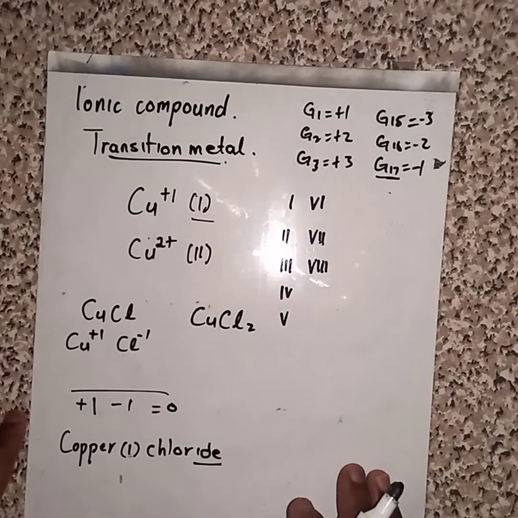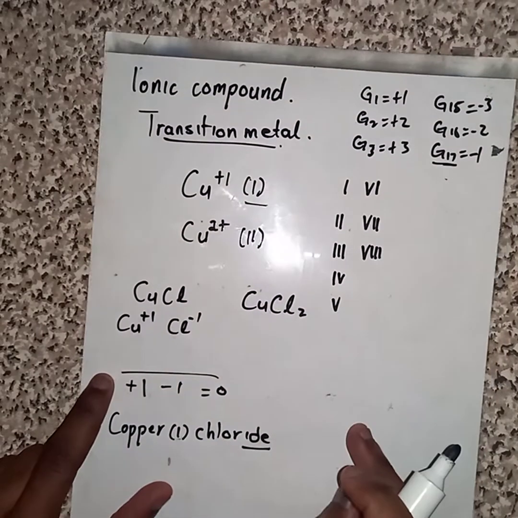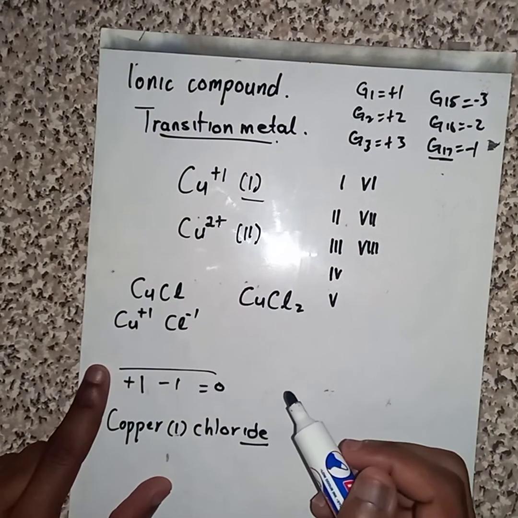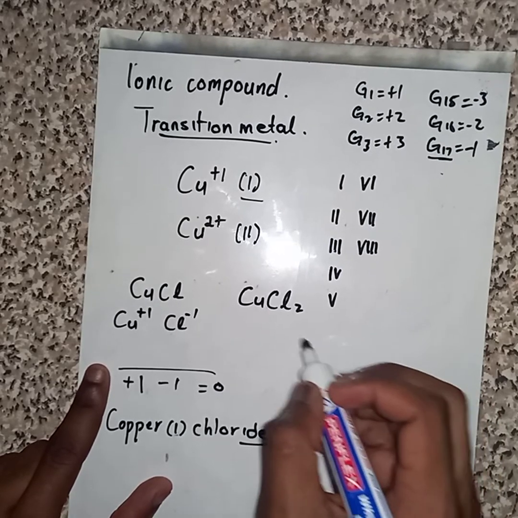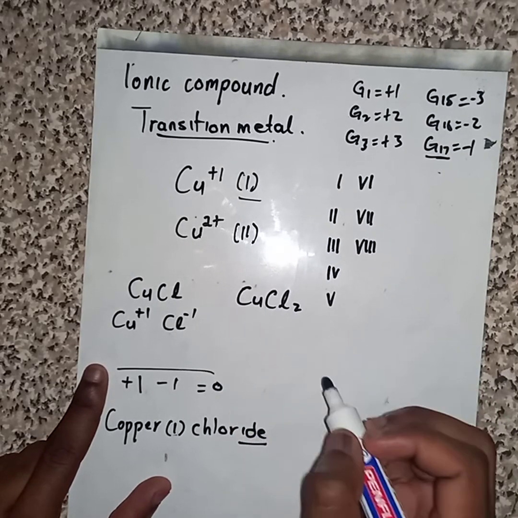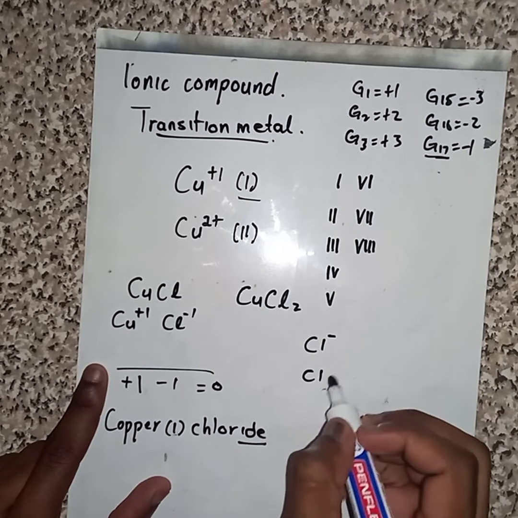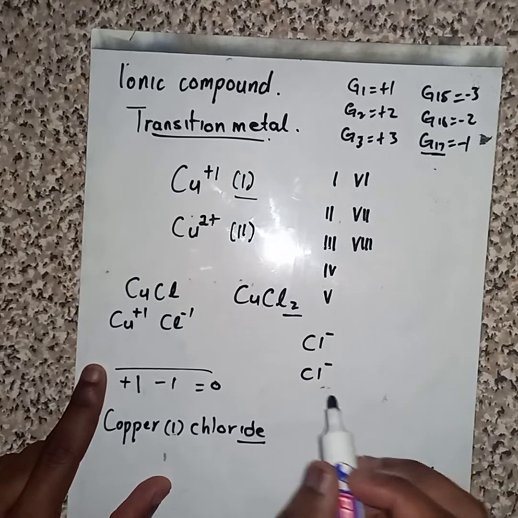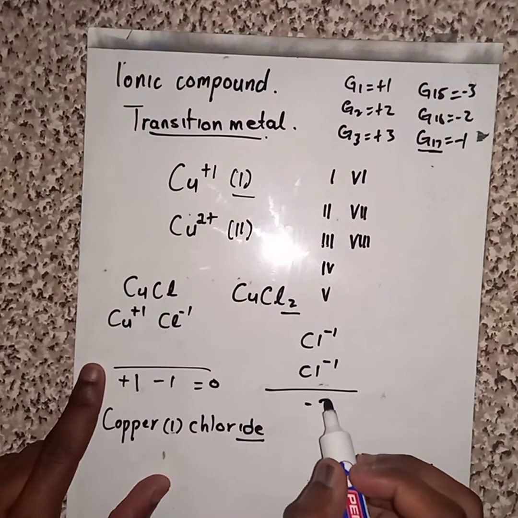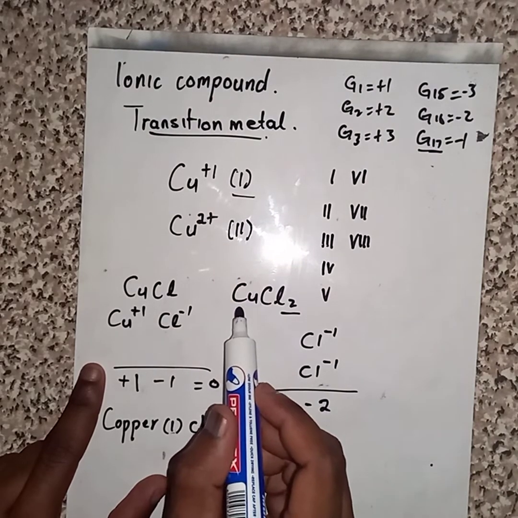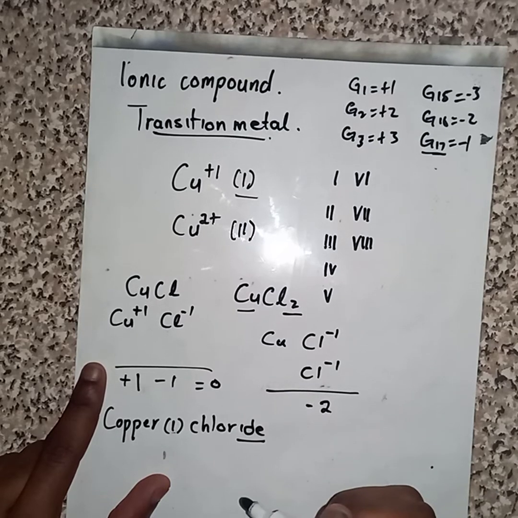Then we also have this one. How are we going to write this one? It's so simple again. You do the same, by saying now I have 2 Cl: the first Cl, the second Cl. Then the overall charge is -1 times 2, which gives -2. On this one, I also have only 1 Cu.